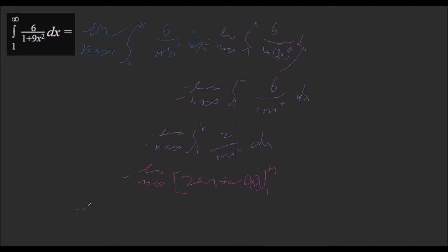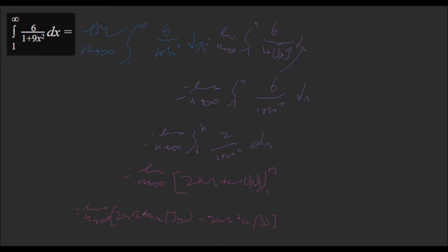We can say that this is equal to the limit as n approaches infinity of 2 arctan 3n minus 2 arctan 3 times 1, which in this case is just going to be 3. In every case, it's going to be 3. Now, I don't actually know the value of 2 arctan 3, so I'll keep it in that form.